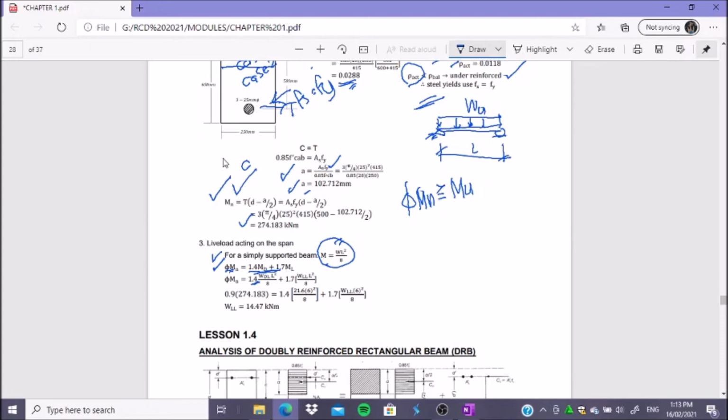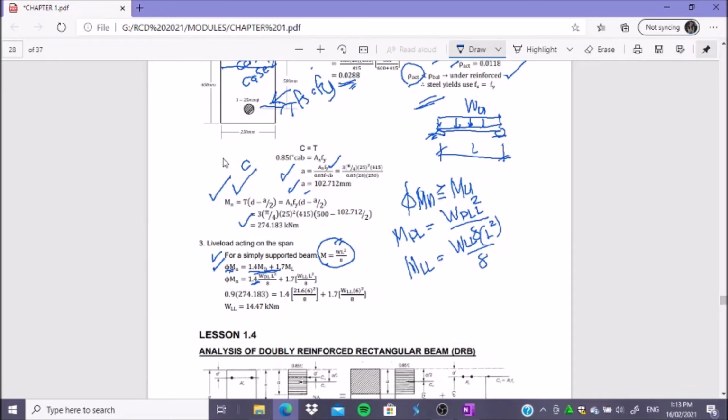The moment due to dead load will be equal to W dead load times L squared over 8. Then the moment due to live load will be equal to W live load times L squared over 8 also.